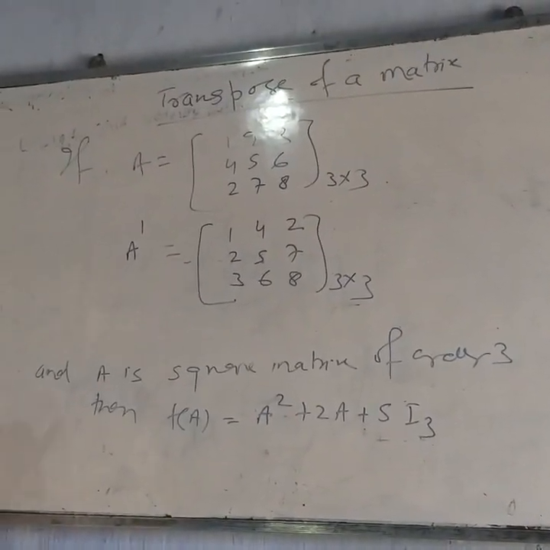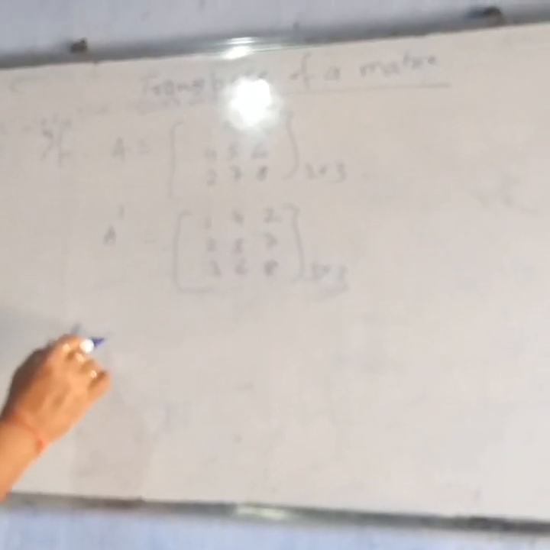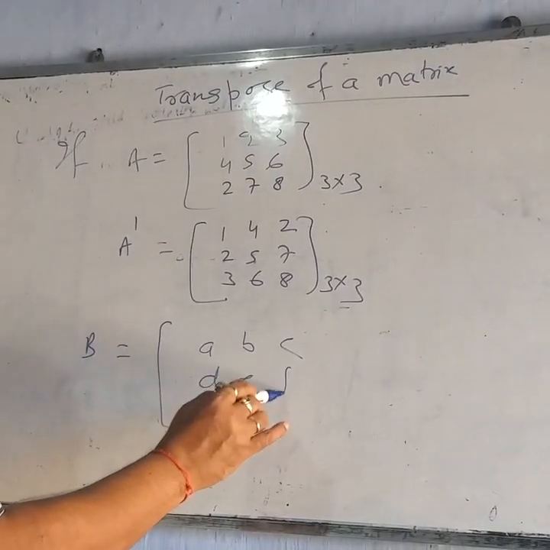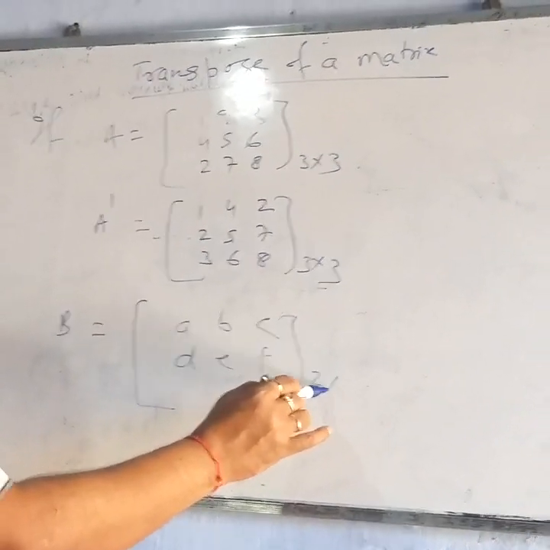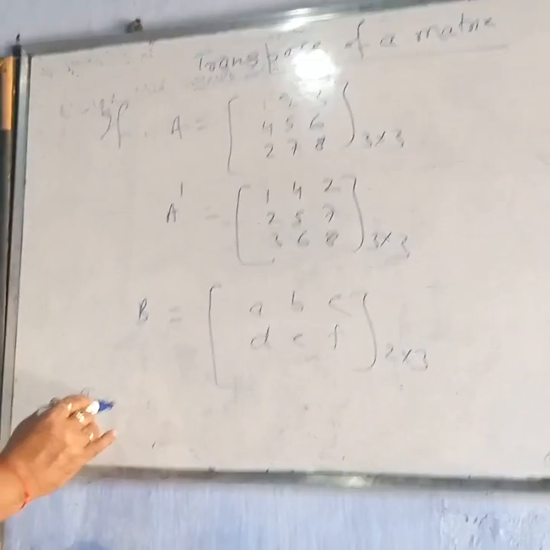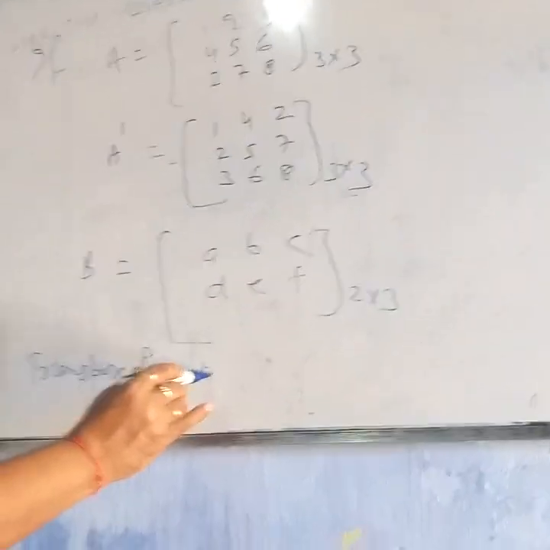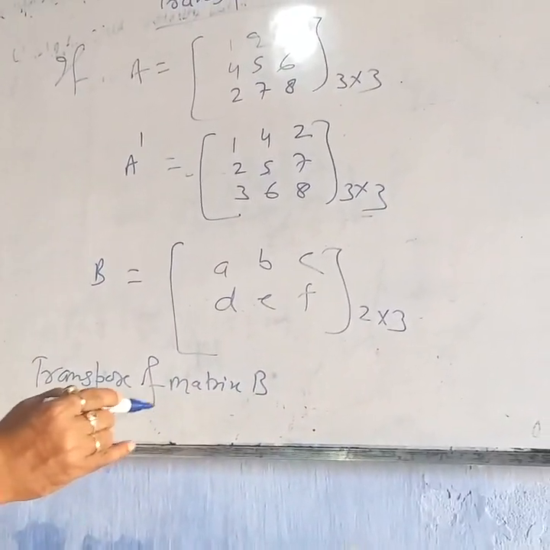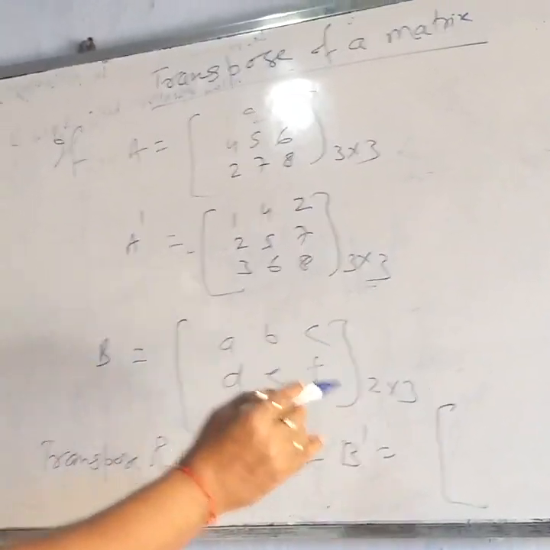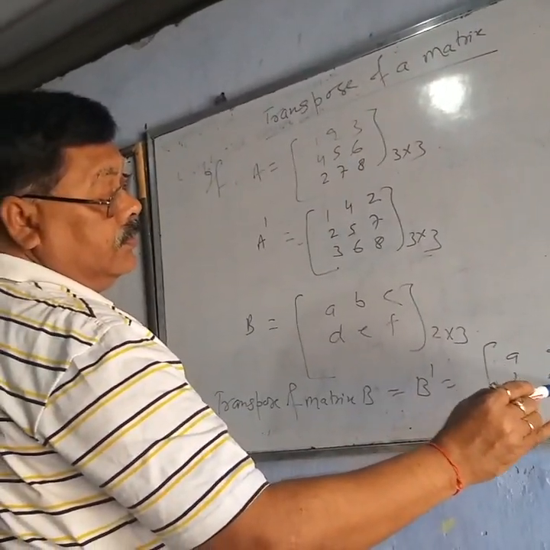So if you take another example, if B is a matrix a, b, c, d, e, f, order is 2 rows, 3 columns, then transpose of matrix B is B transpose, and first row converted into first column, second row converted into second column.